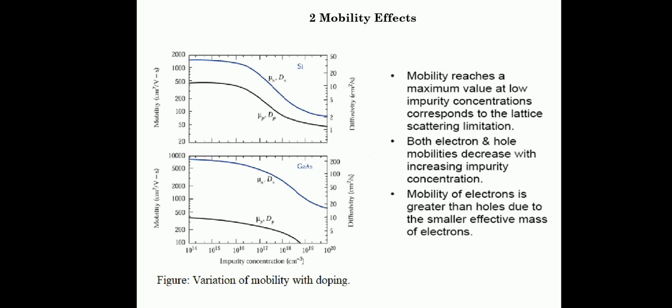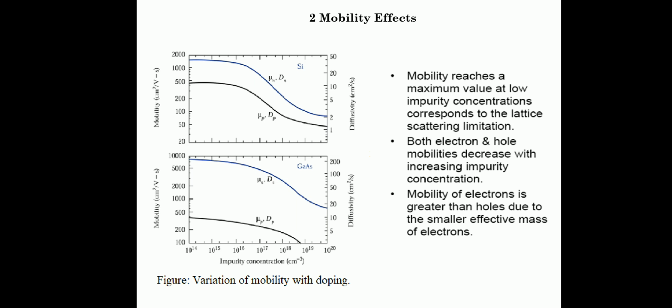So mobility reaches a maximum value at low impurity concentration corresponding to the lattice scattering limitation. Both electron and hole mobilities decrease with increasing impurity concentration. Mobility of electron is greater than holes due to the smaller effective mass of electrons. So we can see in the figures, at low carrier concentration, that means at 10 raised to 14 or 10 raised to 15, we can have high mobility.